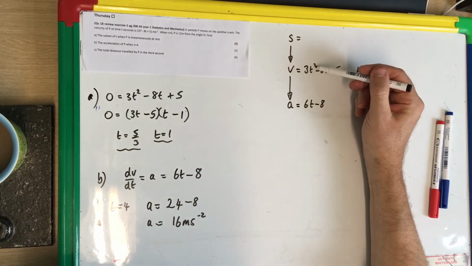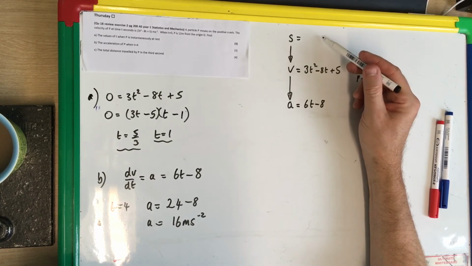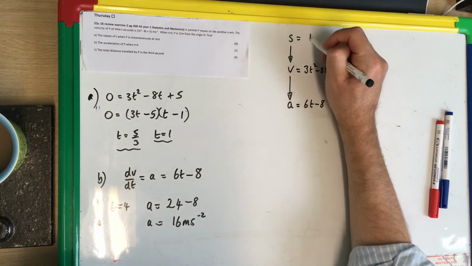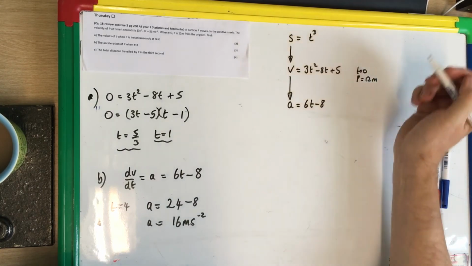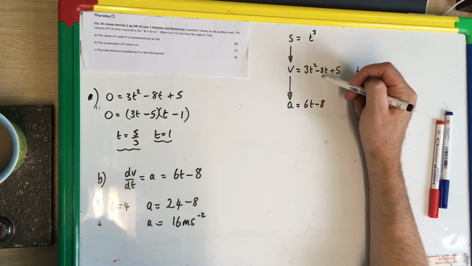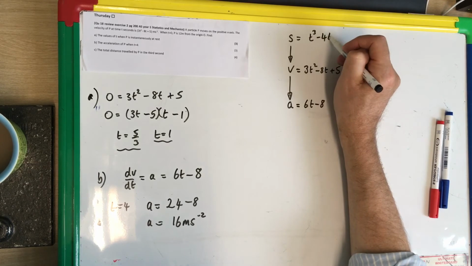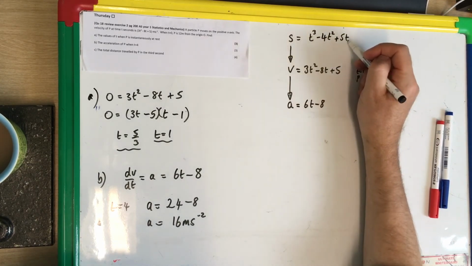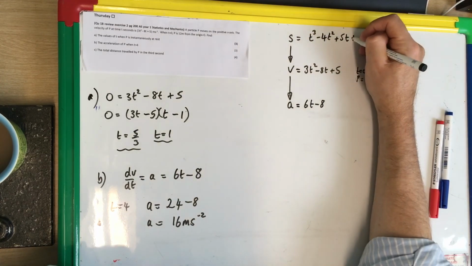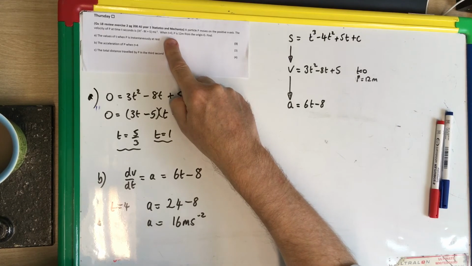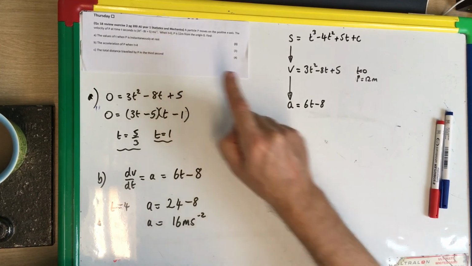If we integrate up, we add 1 to the power, t cubed, divide by the new power, so we're dividing by 3 because this is now cubed, and 3 divided by 3 is 1. Add 1 to the power, so this becomes t squared, divide by 2 now, minus 4t squared, plus 5t. So that is integrated up, but we've got a plus c on the end, haven't we? It gave us some information that when t is 0, P is 12.